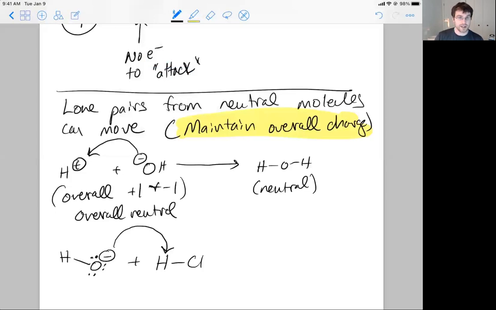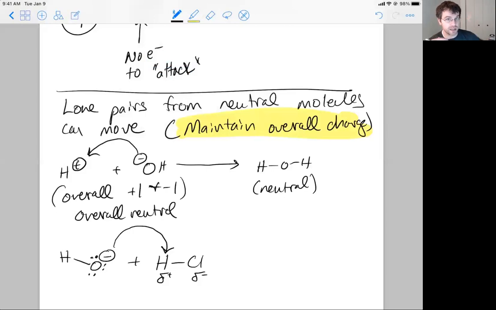So OH minus, this time drawn on the left, is going to attack H, why H? Because it has a delta plus when it's attracted to the negative delta minus or the more electronegative chlorine atom. But now the H, as the OH minus is coming in, the H is now overwhelmed with electrons. It's exceeding its octet, which is just 2, right?